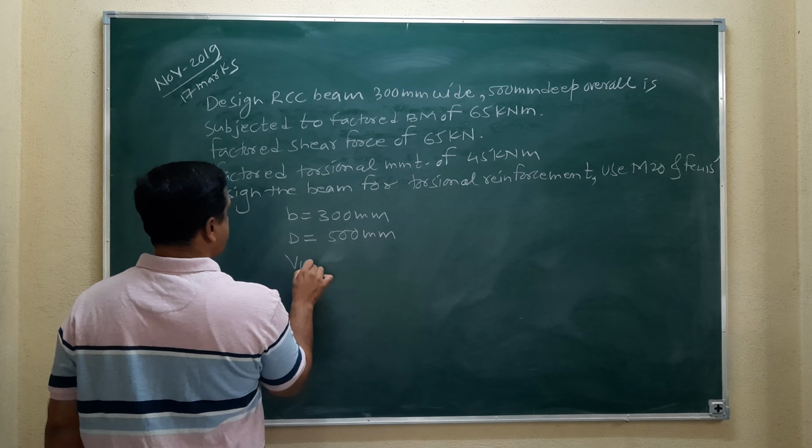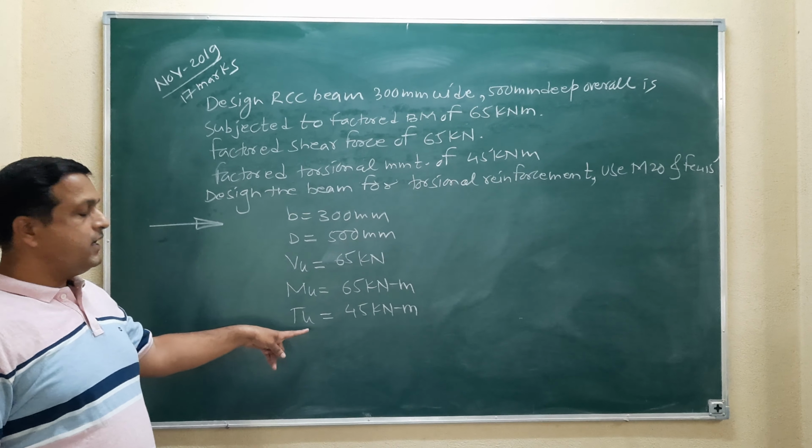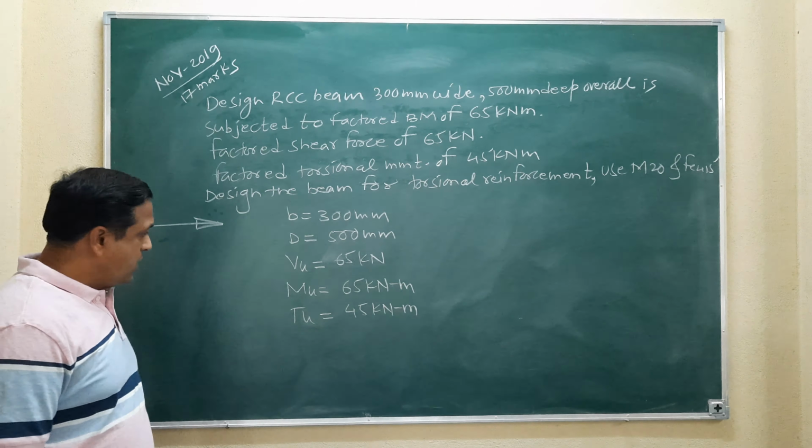So the factored ultimate bending moment is 65 kN/meter and the factored ultimate torsional moment is 45 kN/meter.